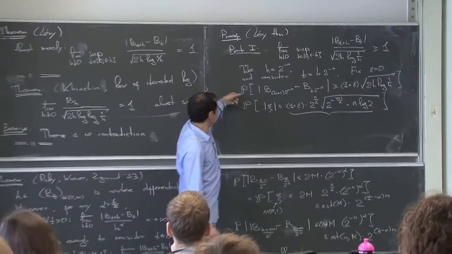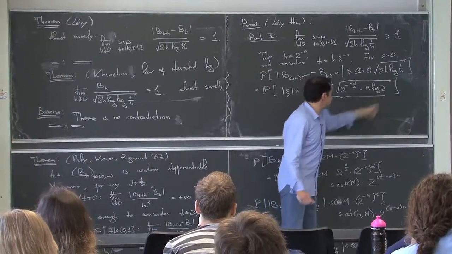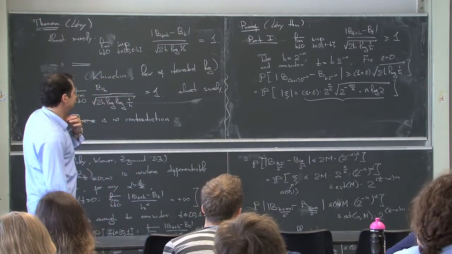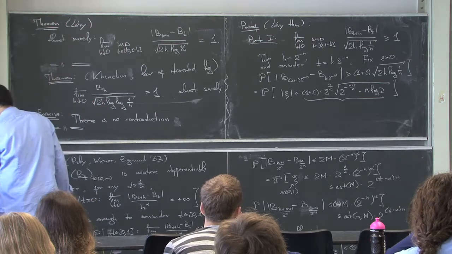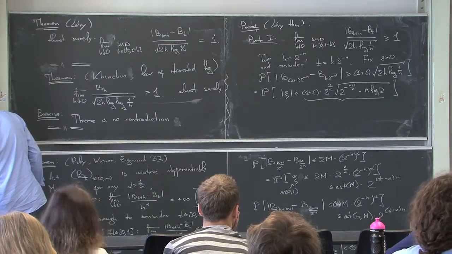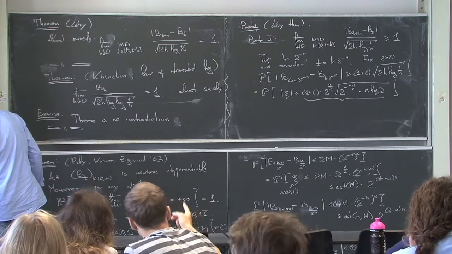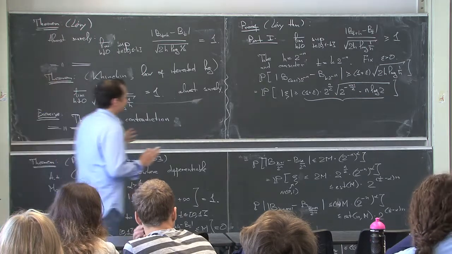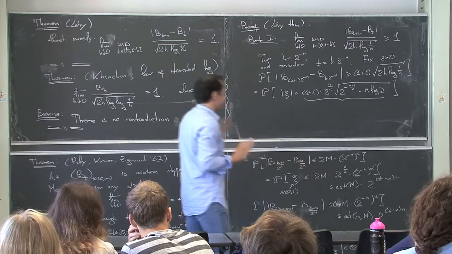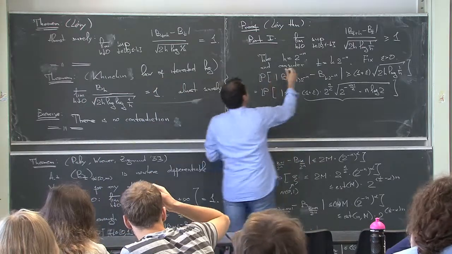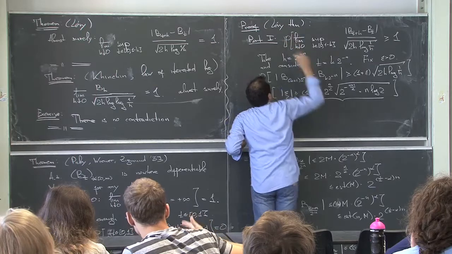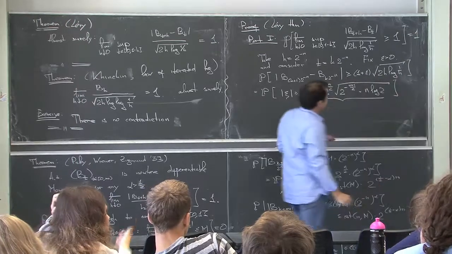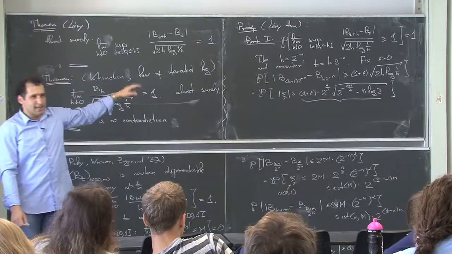So I need to estimate all these probabilities from above, right? Something goes wrong, so sorry for this. So first, let us fix it. We need to prove that this probability is 1.